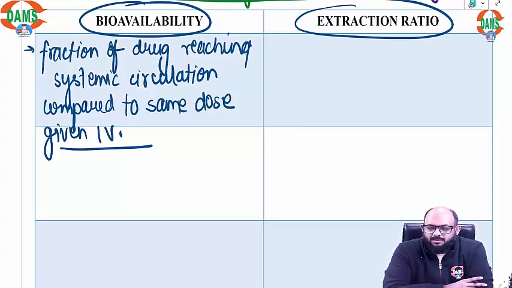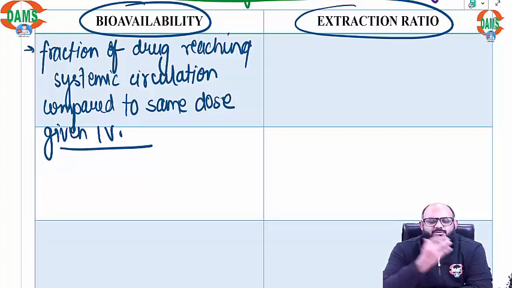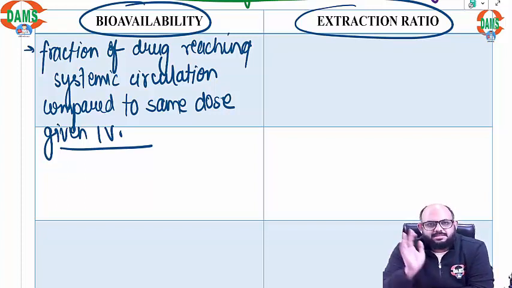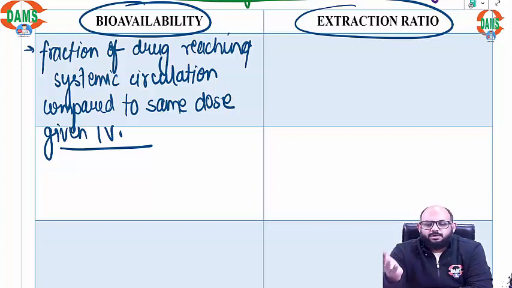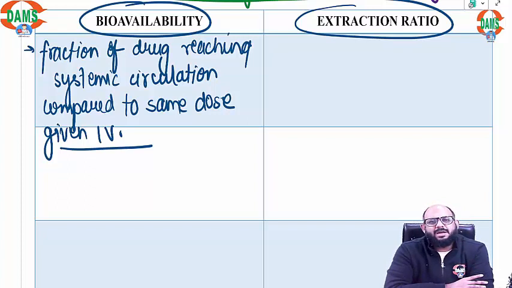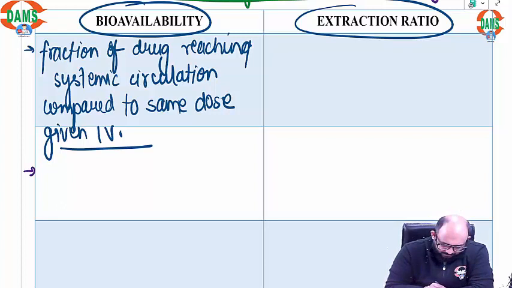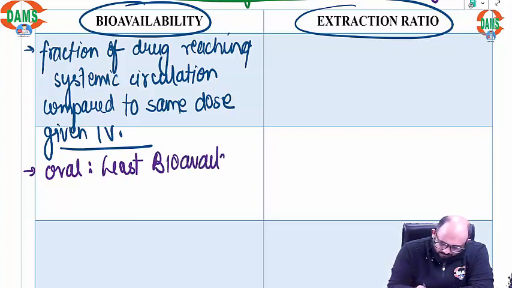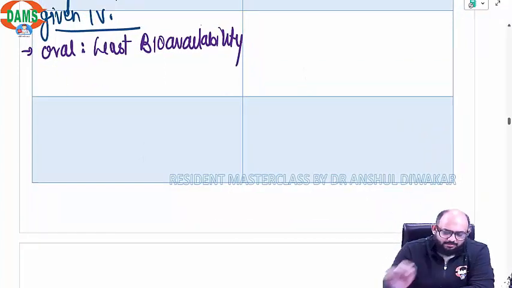Great. It's good to see so many students coming live. It is the fraction of the drug reaching systemic circulation compared to the same dose given IV. So 100% bioavailability when you give IV. Oral administration has least bioavailability.